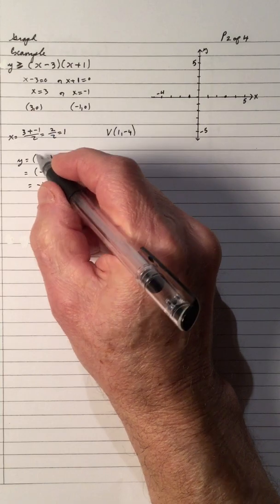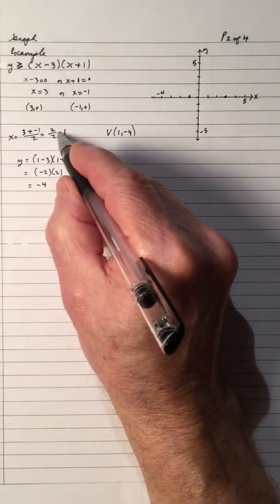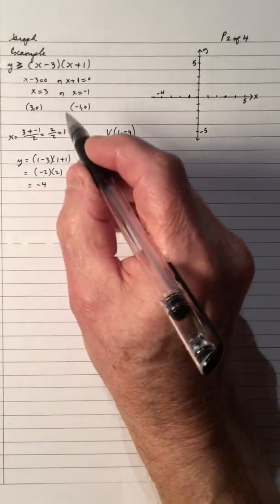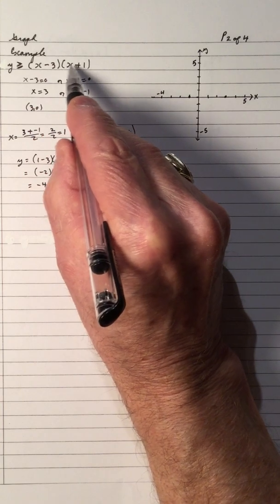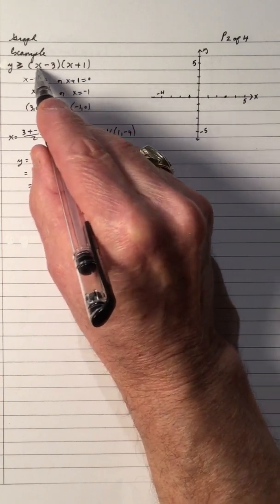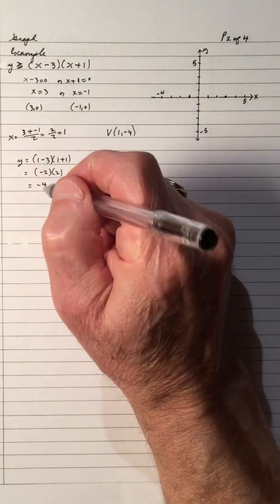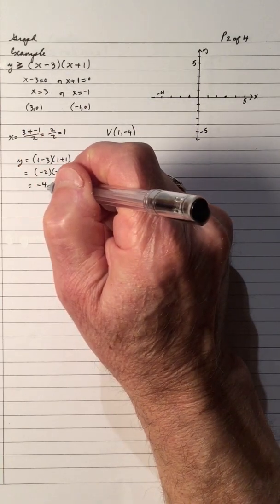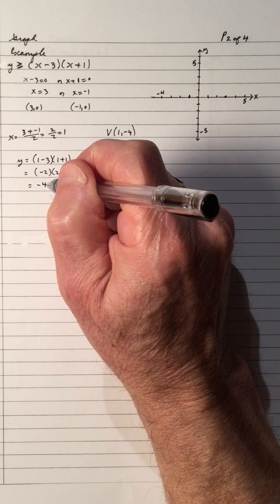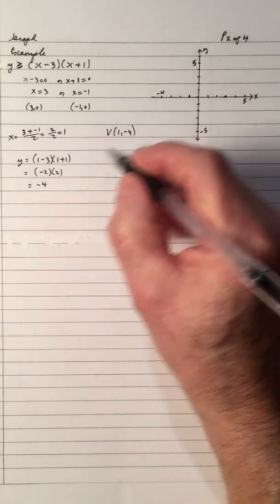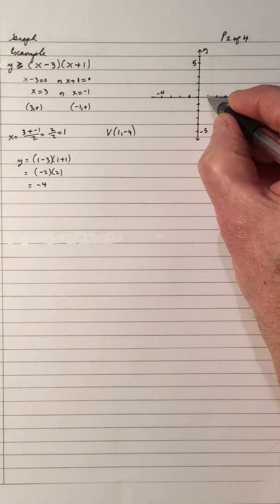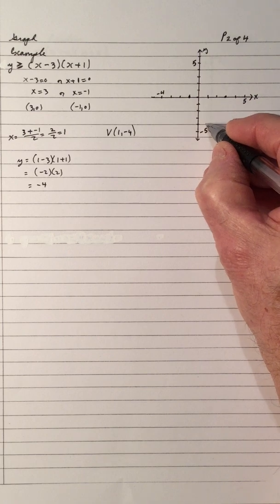When we take the average of the intercepts, which is 1, and plug it back into the inequality, pretending that's an equal sign, it gives you the y value of your vertex. So this vertex is (1, negative 4). X is 1, y is negative 4, right here.